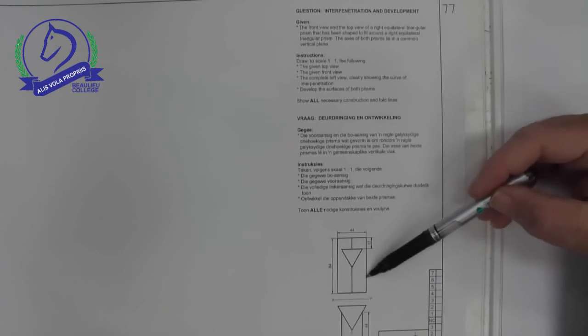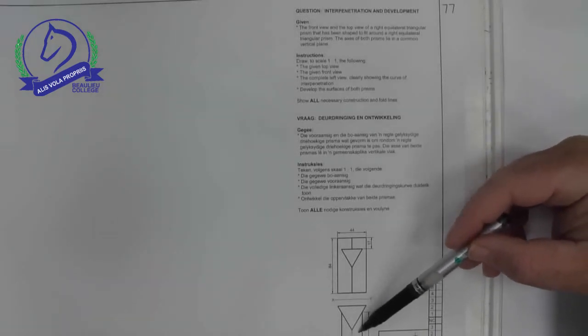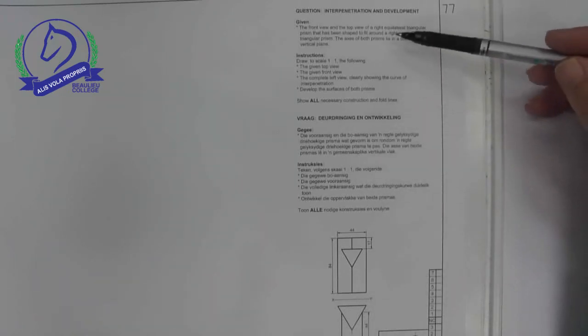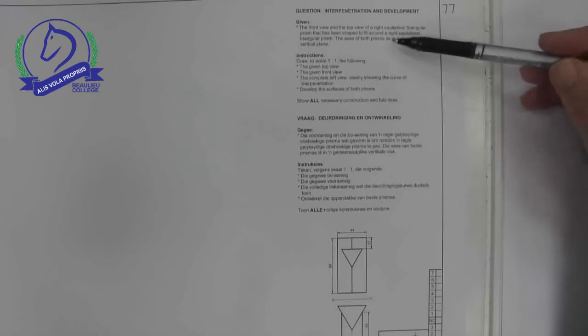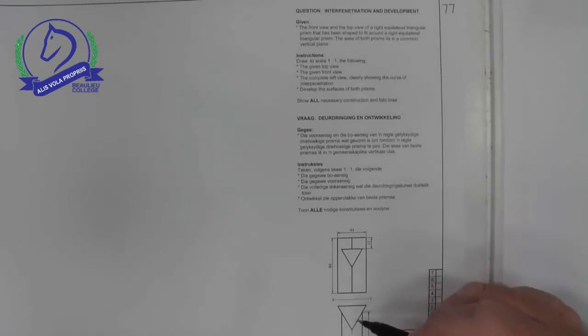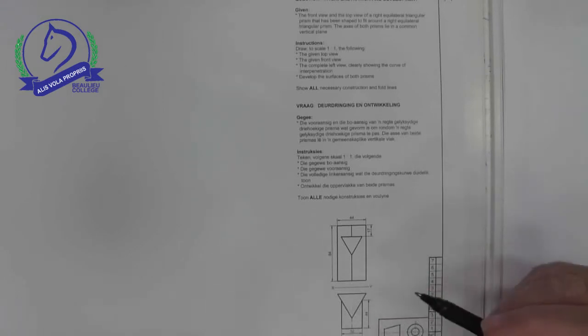as the main cylinder, and you've also got a triangle that's fitting into this shape. Okay, the axes of both prisms lie in the common vertical plane, implying that the center line from this main pipe is in line with the center of the branch pipe.